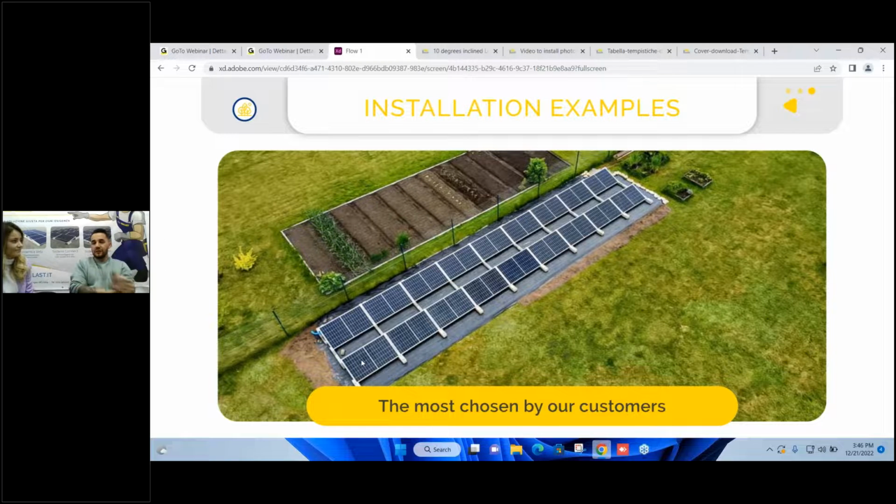If you do the comparison between Sun Ballast and a traditional structure, definitely with Sun Ballast you finish faster in every possible way. The preparation, everything that you need, is way faster, way easier, and way cheaper.